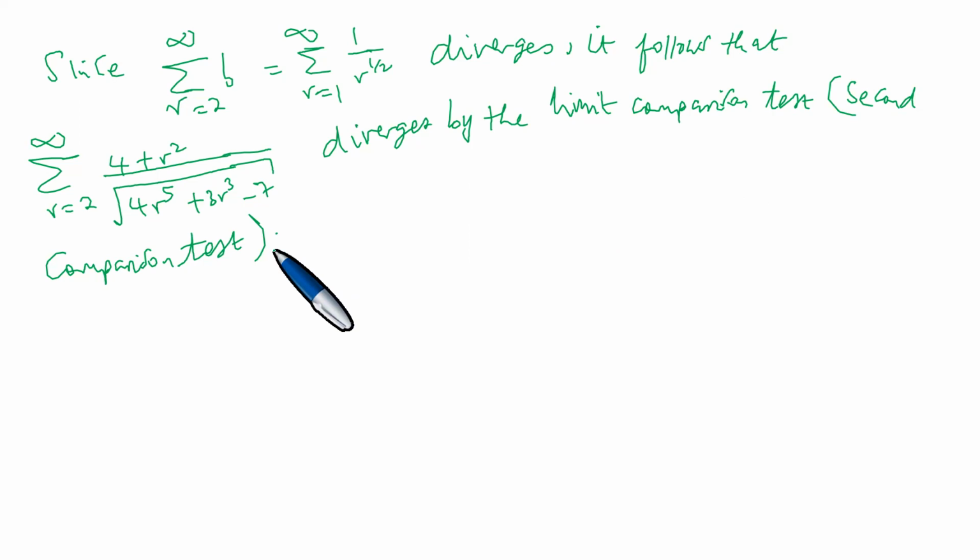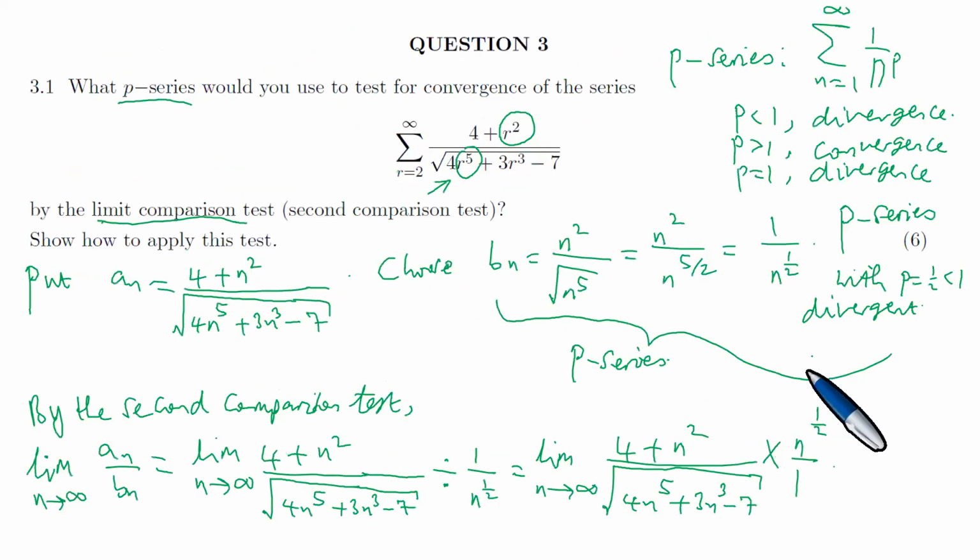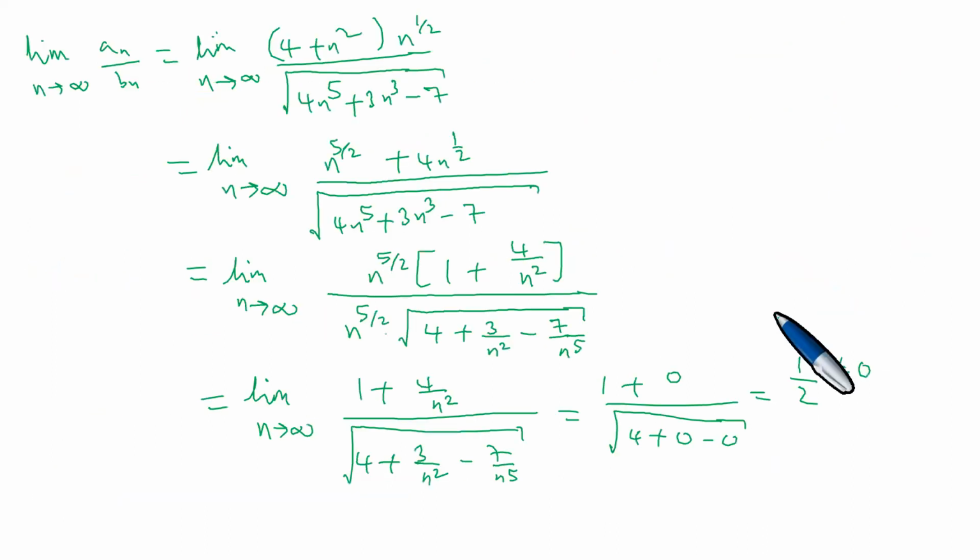So we have divergence. Why divergence? Divergence is because the P series is divergent because n is 1/2. So we use the small series, which is the P series here. So we can't see that convergence using the whole thing here, this big series. We can't see the convergence in the An, but we can see the convergence in the small P series. That's why we actually form this P series. But also, this limit here of the An over Bn cannot be 0 for us to conclude. If ever it happens that this limit becomes 0, then we cannot use the second comparison test or the limit comparison test.